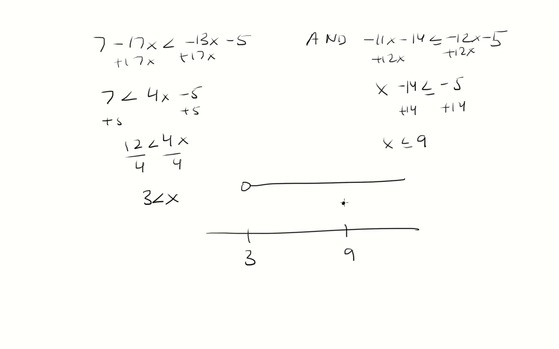X is less than or equal to 9, which means we have a closed circle at 9 to the left. And now we have to see, what do they have in common. Clearly, it's going to be all over here. They both include 9, but the top one does not include 3, so we want to make sure there's a strictly less than x, and then less than or equal to 9 as our answer.